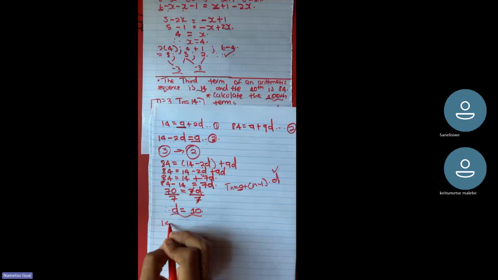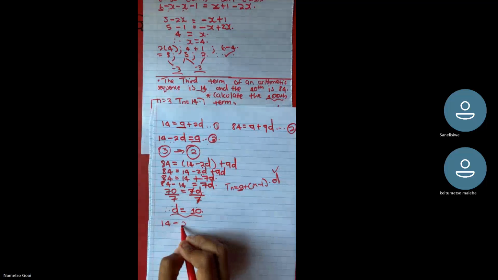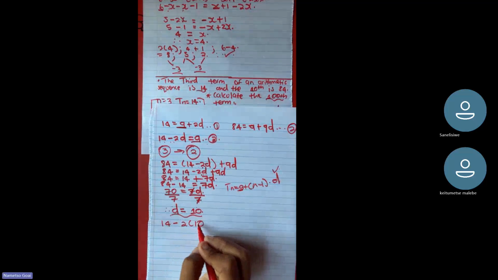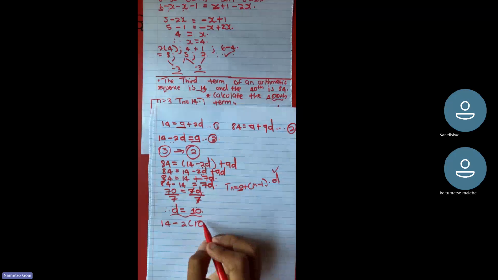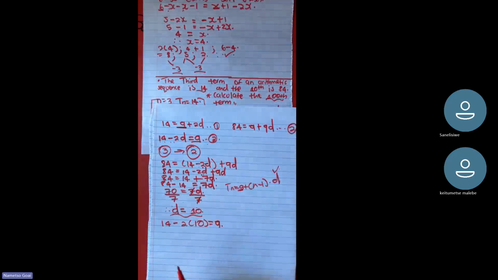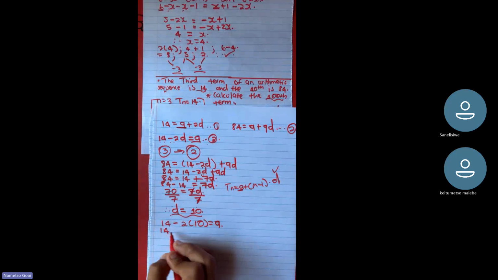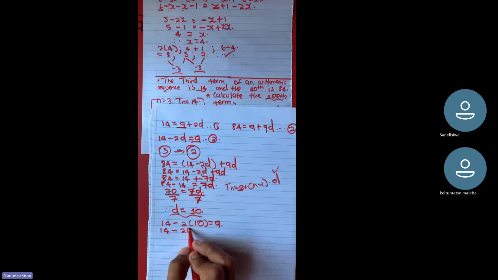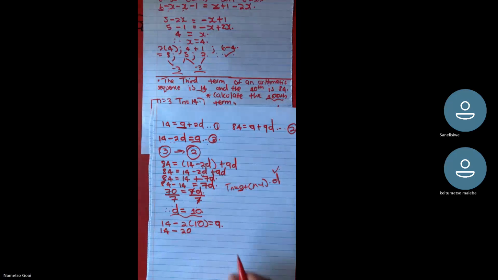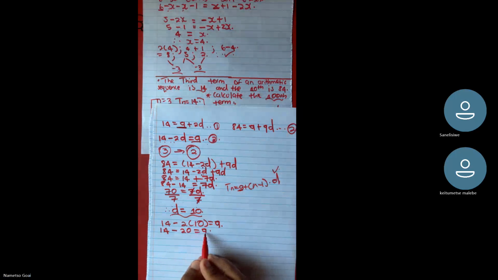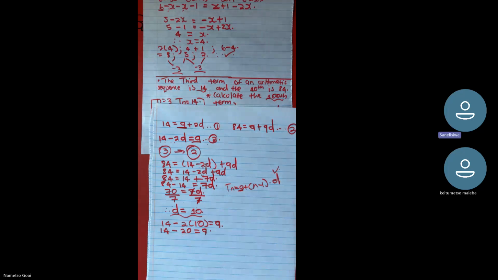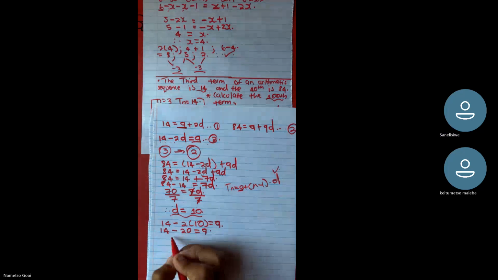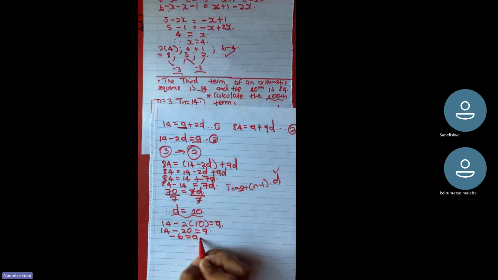So we're going to have (14 minus 2) all into 10, because our D is 10, equals A. So we have 14 minus 20 equals A. 14 minus 20 gives negative 6. Yes, it's negative 6. Okay, minus 6 equals A.